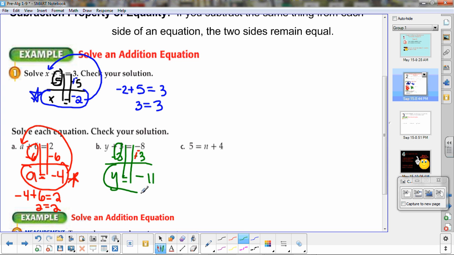So I'm pretty sure my answer is y equals negative 11, but I'm going to check it just to make sure. In place of y, I'm going to put negative 11. Negative 11 plus 3 should equal negative 8. Well, negative 11 plus 3 is negative 8 because they're different signs. You subtract the 2, you get negative 8 equaling negative 8.